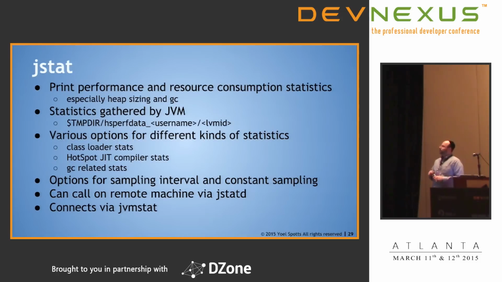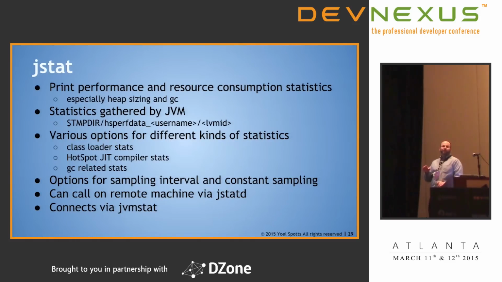All right, next. That's a fairly simple tool. Next is jstat. jstat will show you the actual performance and resource consumption statistics for the monitored program, so you'll see the heap sizing and the garbage collection information.